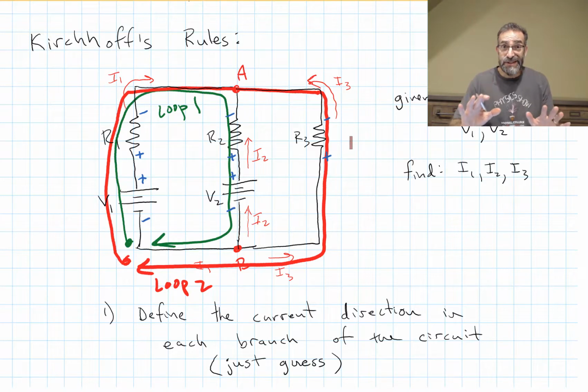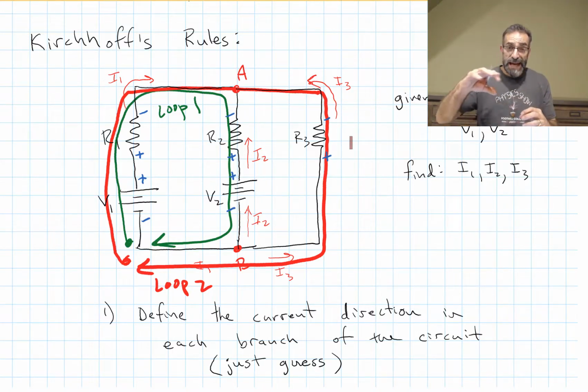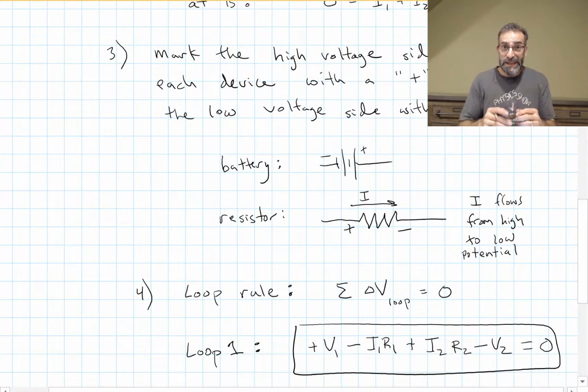But I can't change it yet. I've just solved for I3. I did a whole bunch of algebra. I solved for I3. Now I have to plug I3 back into one of my other equations to solve for I2. And what do I do? I don't change the sign, because I came up with all of these equations based on I3 going in the direction I chose, which is the wrong direction, it turns out.